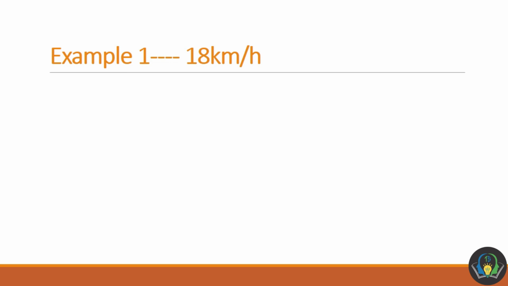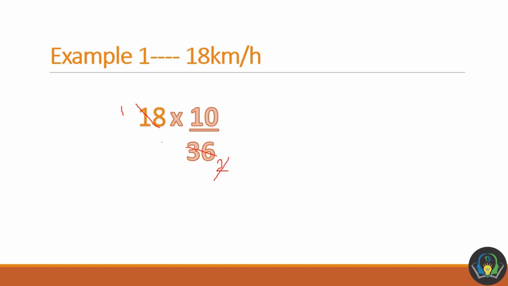Very first one, I want to convert 18 km per hour into meter per second. So let us take 18 km per hour into 10 upon 36, and when we solve it, 18 times 1 and 18 times 2, we shall be getting 10 upon 2.